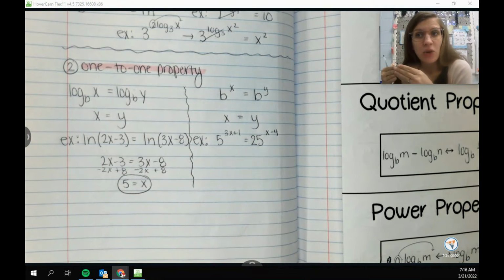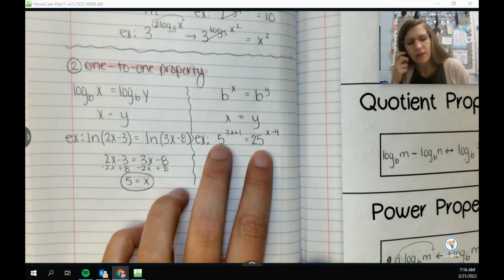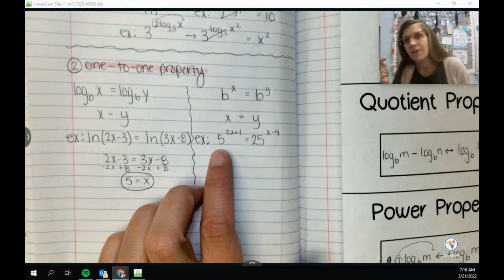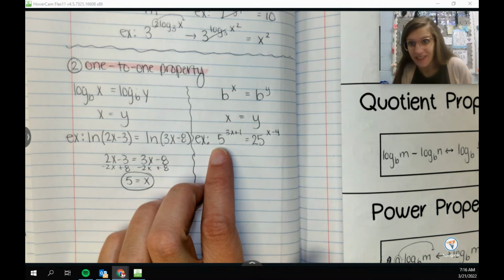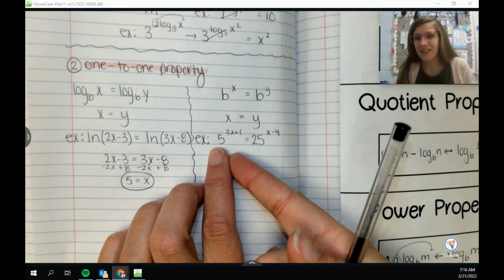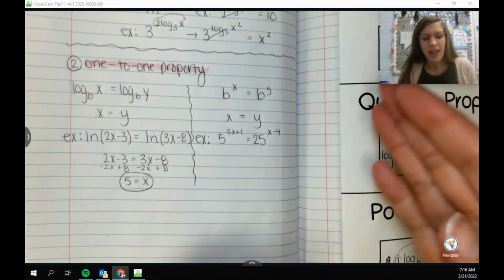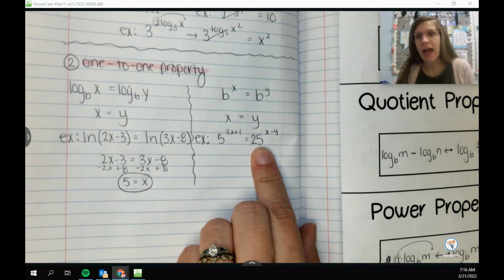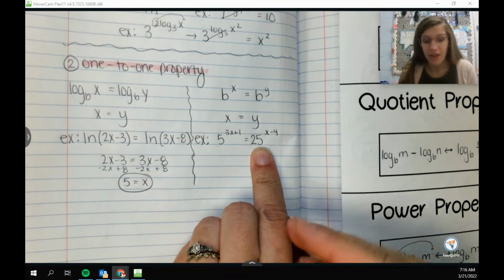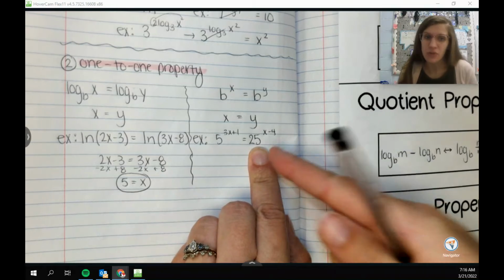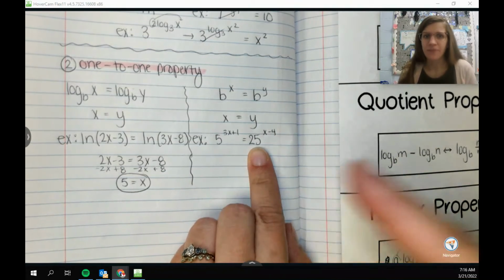looking at them right now, I don't have the same base. And I can't make 5 not 5. I can't just square this for funsies, because if I square one side, I have to square the other. And I can't just make 25 into 5, because I'd have to square root this side, and if I square root this side, I have to square root the other.